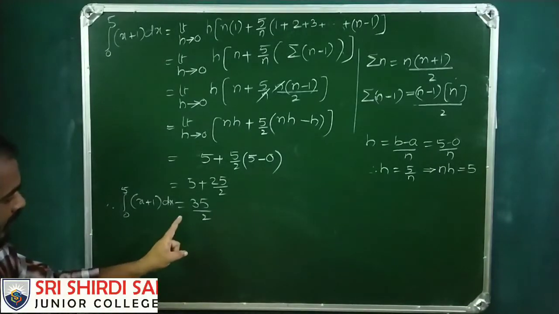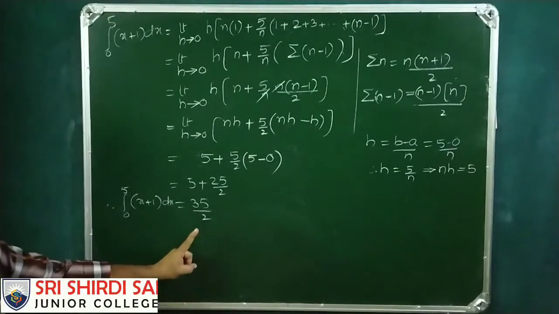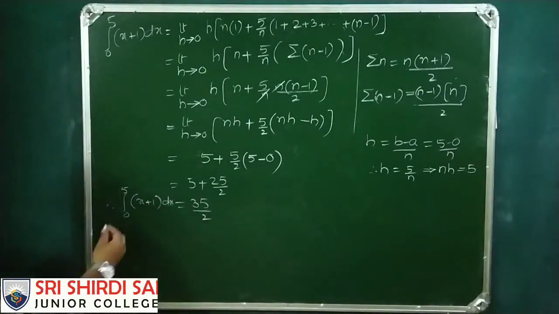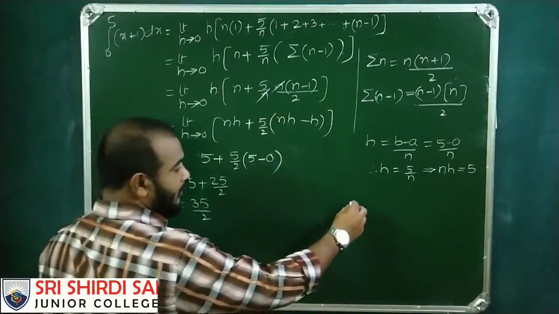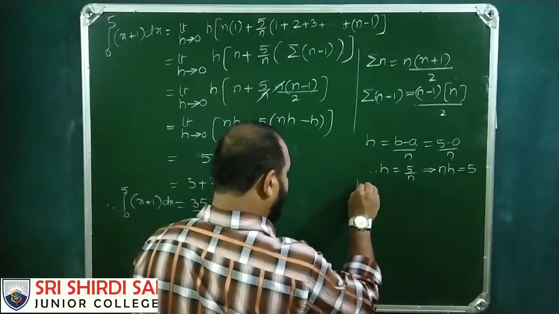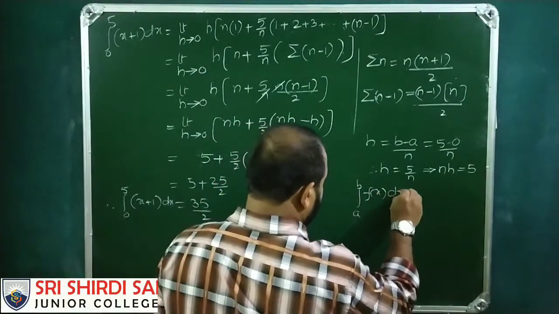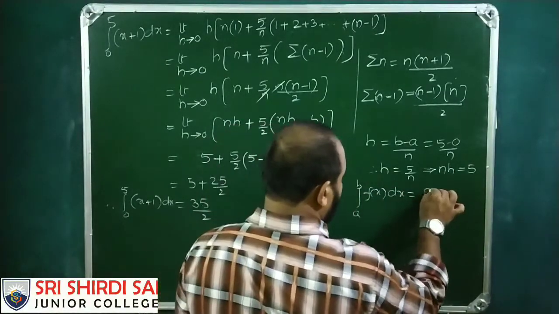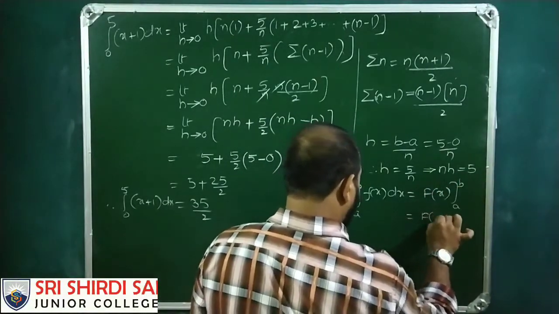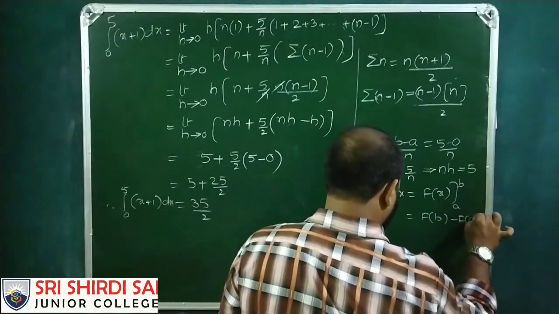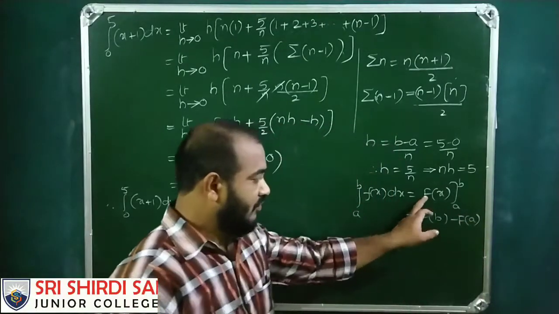But if we want to know whether the solution is correct or not, we can use the direct method. What is that? The fundamental theorem of integral calculus. Integral a to b f of x dx is equal to F of x from a to b, that is F(b) minus F(a).